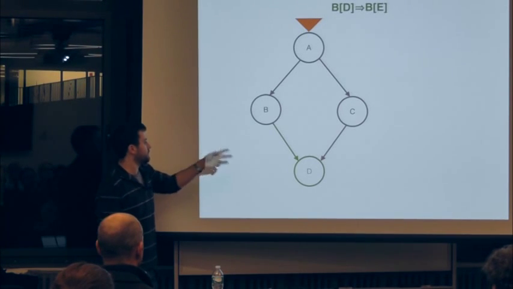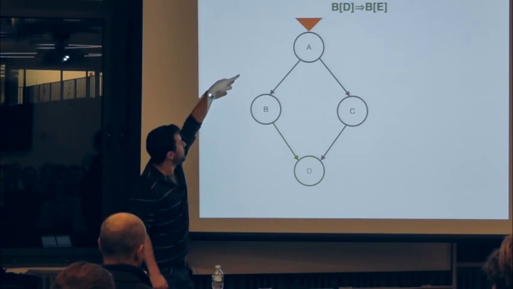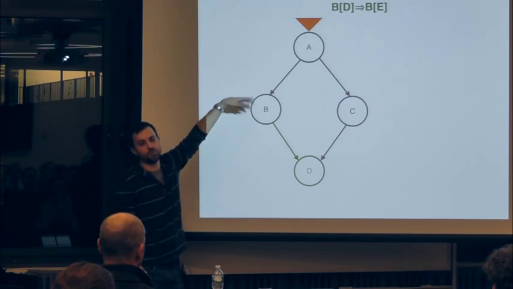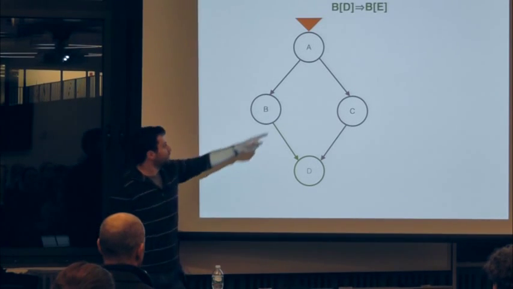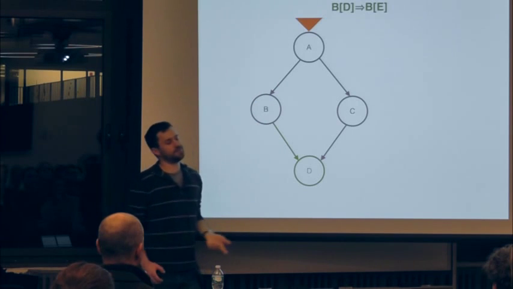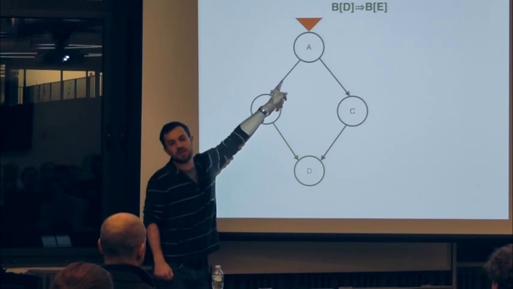So here's the directed acyclic graph we saw from before. In this case, this orange thing here is like an atom or like a loop variable. This is the pointer to the root of the tree. This green thing up here, this notation I invented, just says I want to replace D through the path of B and rewrite it to BE.